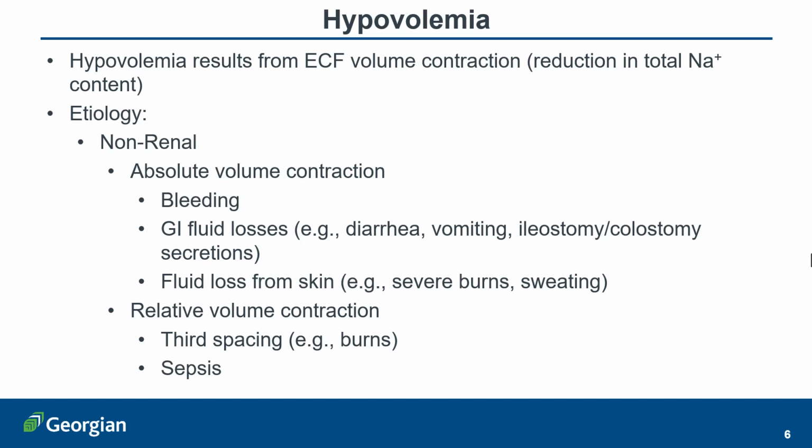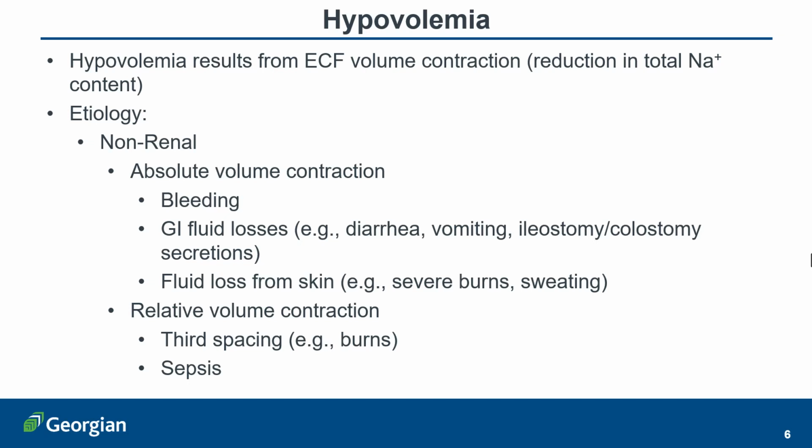What about relative volume contraction? Third spacing. In the case of severe burns, you have increased capillary permeability, if you remember from your previous pathophysiology courses in your PN program. That can lead to a shift of fluid from the blood vessels, from plasma, to the interstitial fluid.